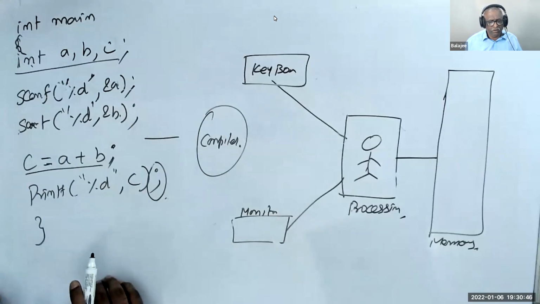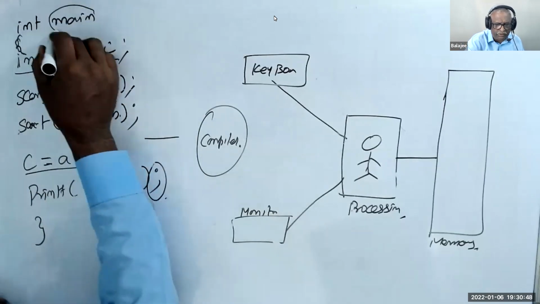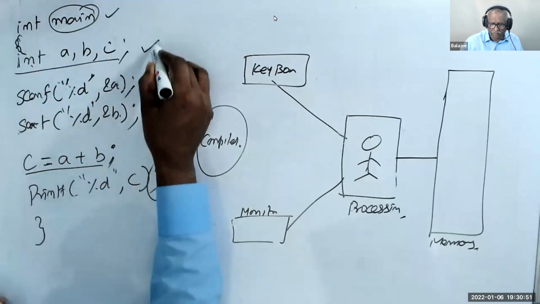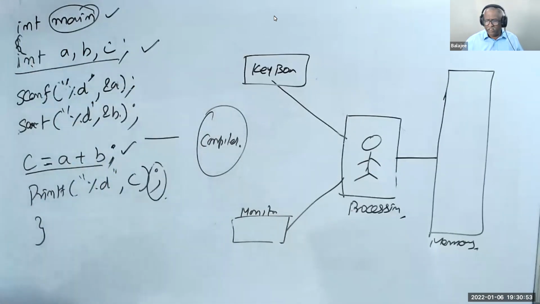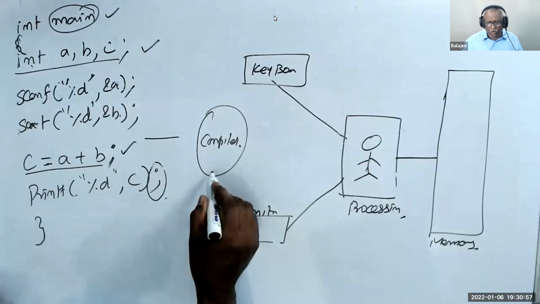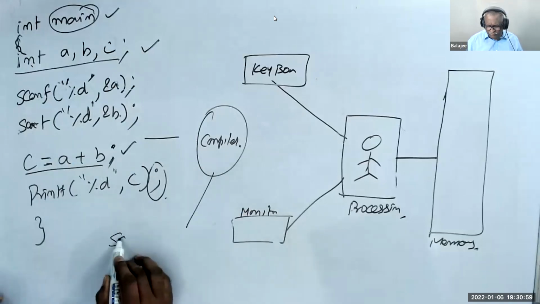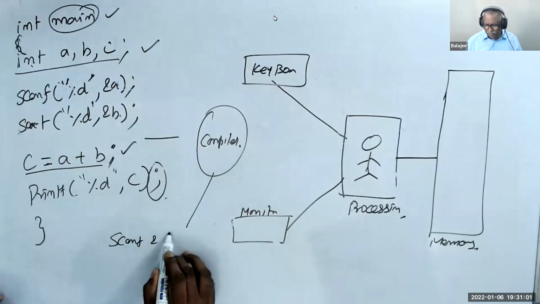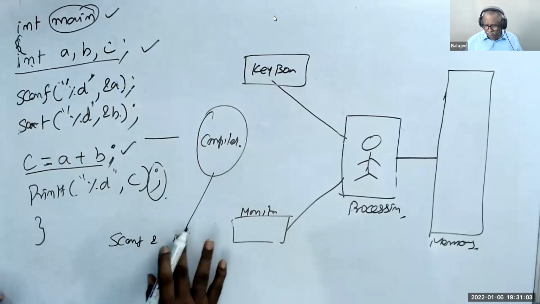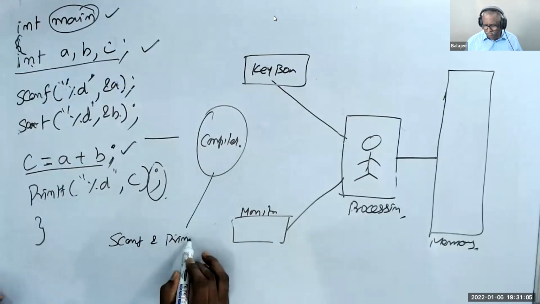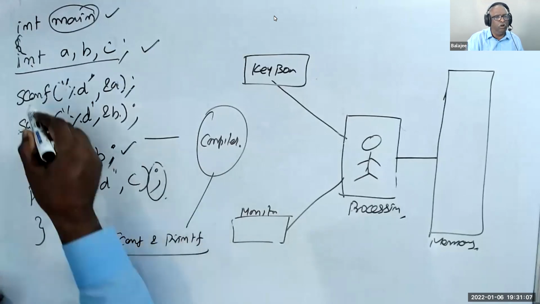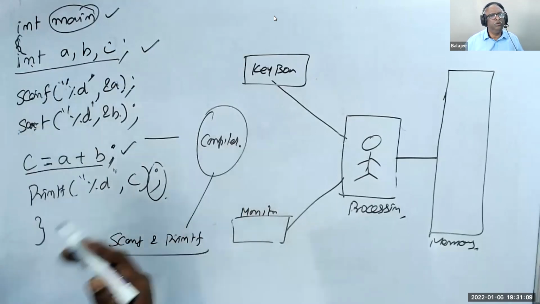You start with main, so I accept. Everything he accepts. But unfortunately, he said that I am unable to understand scanf and printf, because he does not know these two.